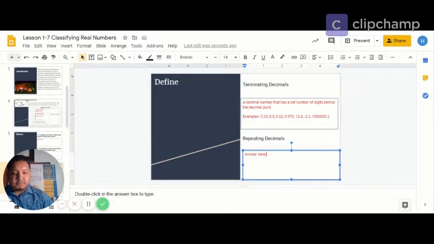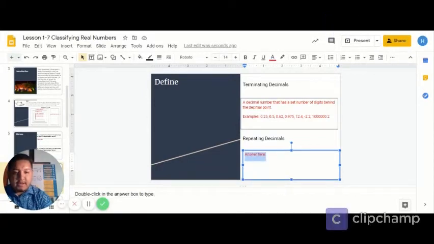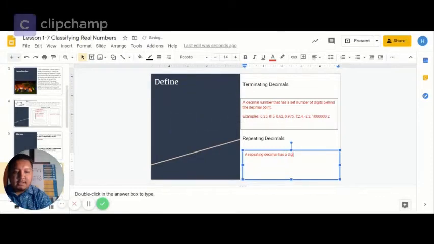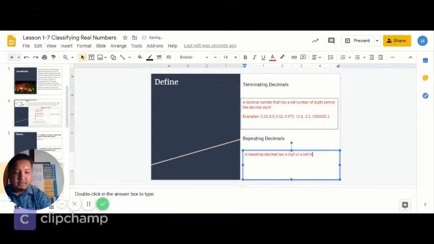Now, the repeating decimals. A repeating decimal has a digit or a set of digits, sorry, that repeats behind the decimal.